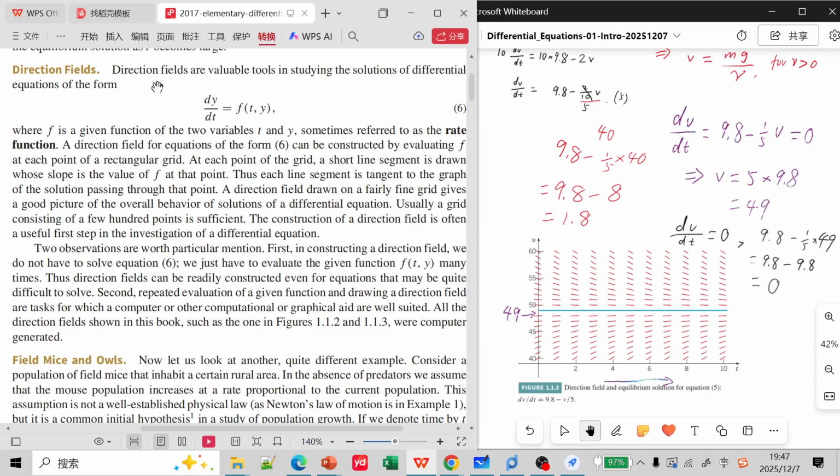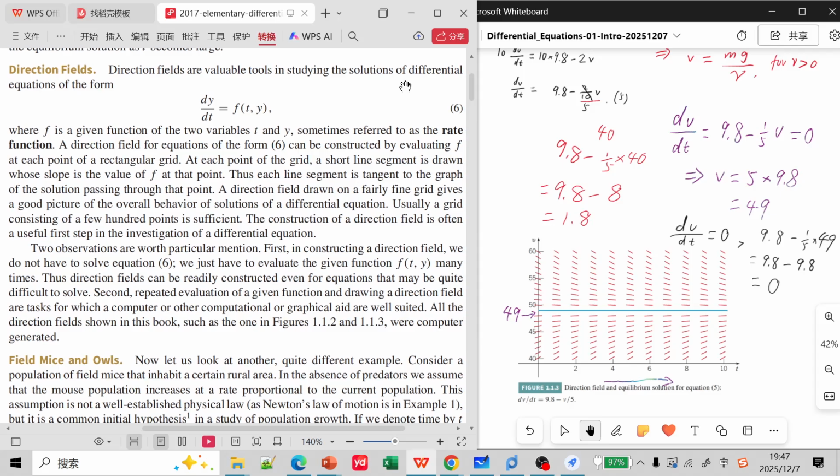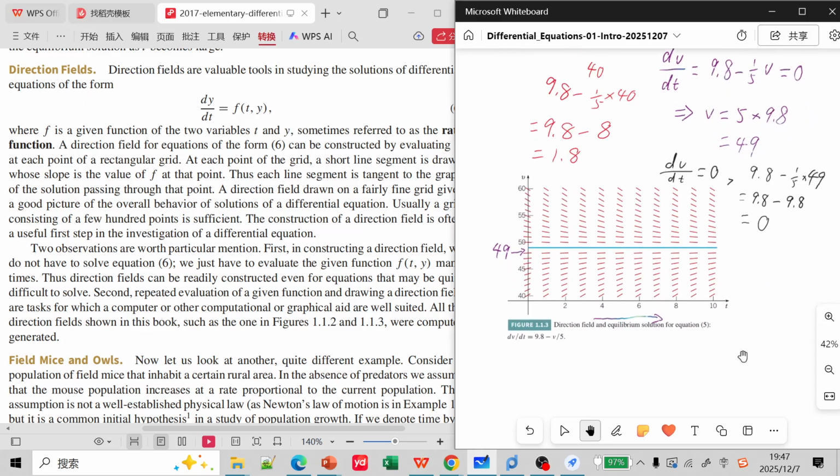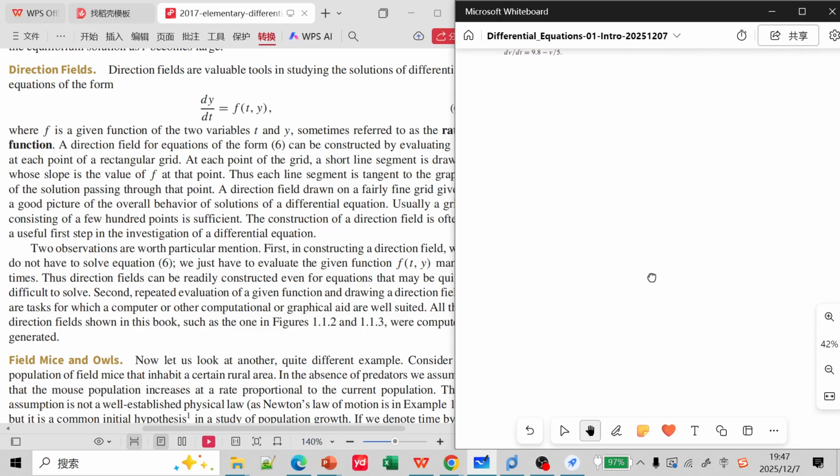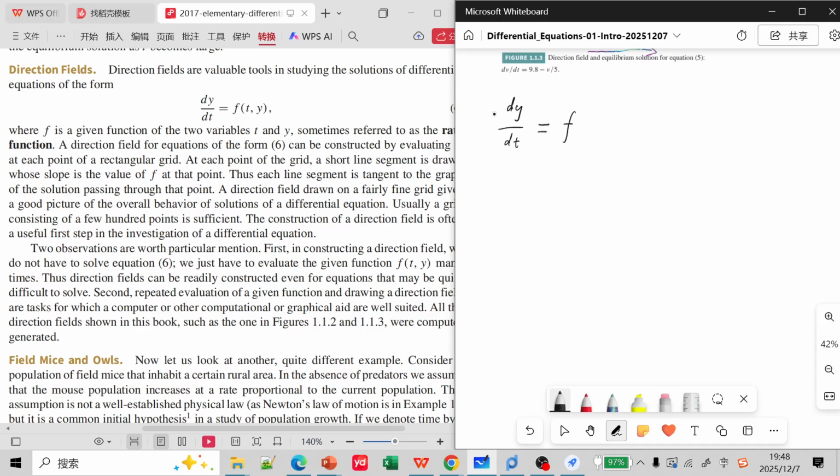Direction fields. Direction fields are valuable tools in studying the solutions of differential equations of the form dy over dt is equal to f of t and y.